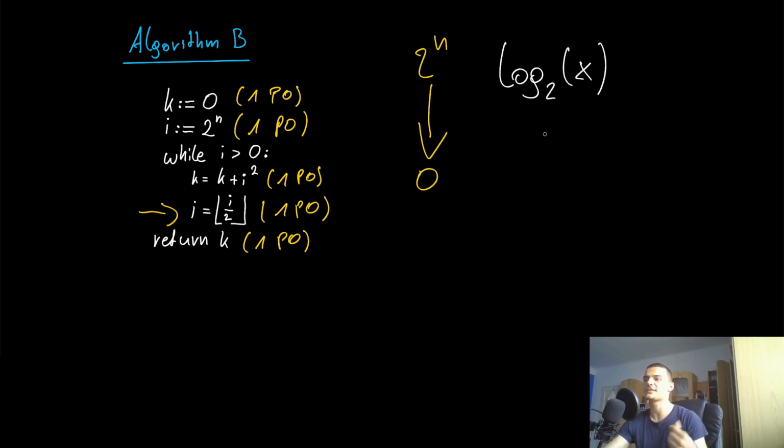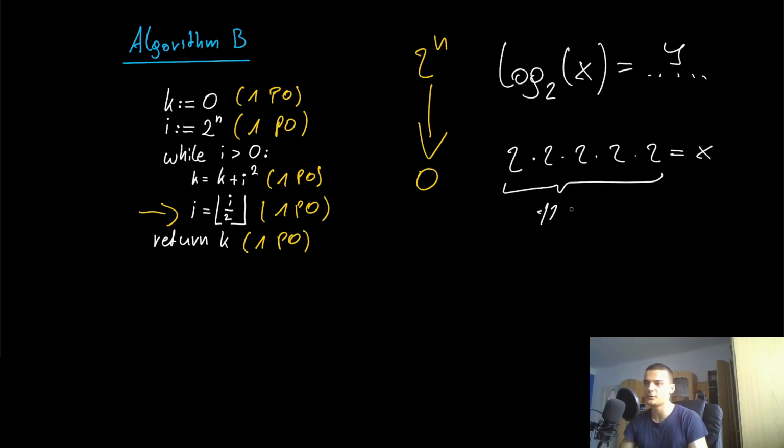The logarithm base 2 of a number x gives you a result y, and this result is the number of times that you have to multiply 2 by itself to get to x. So the number of 2's that we have here is y.